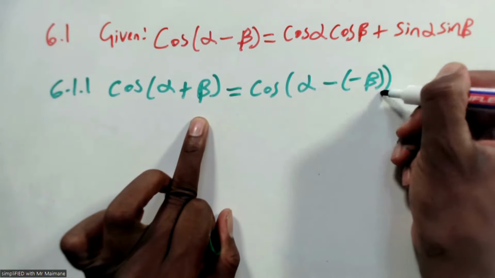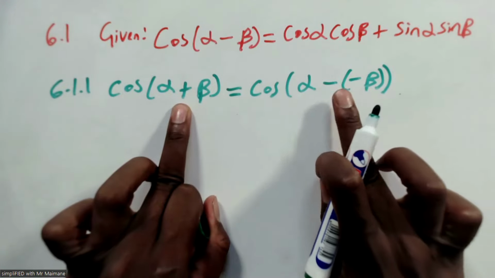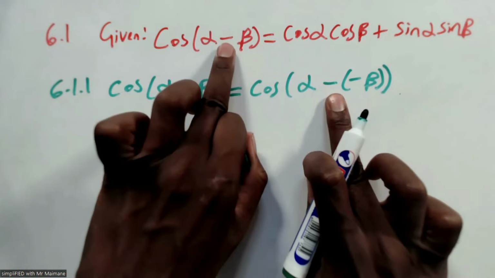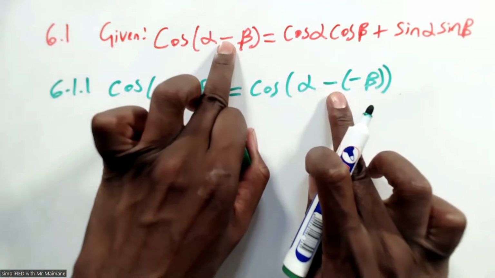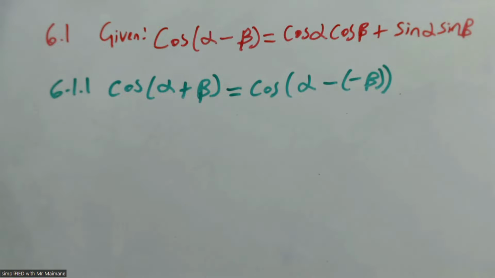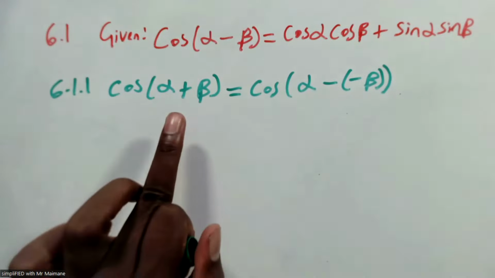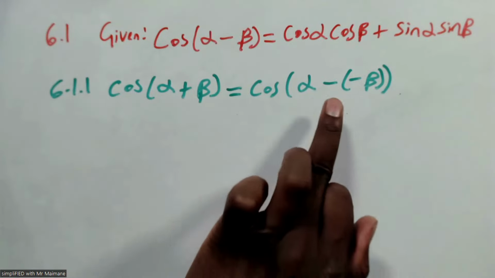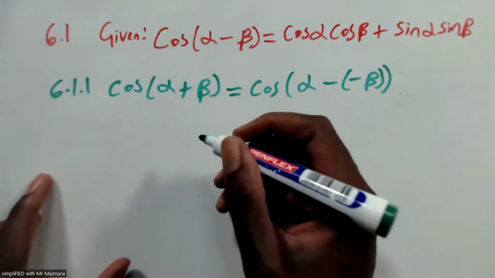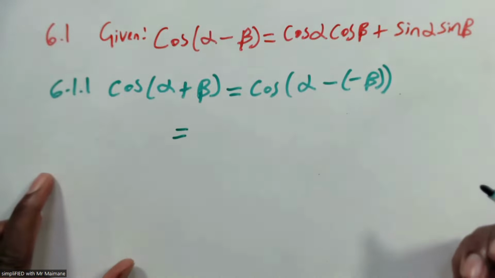I'm doing this because minus beta multiplied by negative is going to give me positive, but I've expressed this in a negative so it can look exactly like that. So now I'm getting somewhere because I already have this expression, and I kept the sign because negative times negative is in a way positive. So you see where this is going?